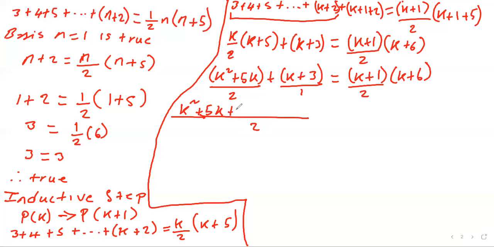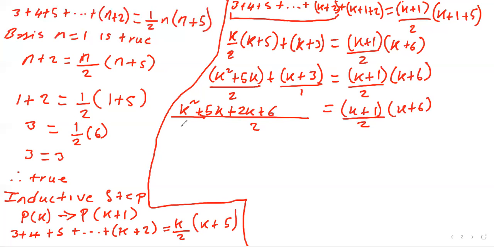Use the 2 to multiply what's in the bracket: 2k + 2 times 3, 6. And we're saying that is going to be equal to (k + 1) over 2 times (k + 6). All right, so we're getting there.